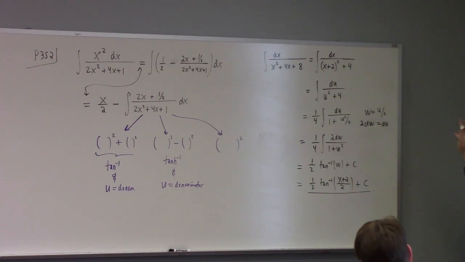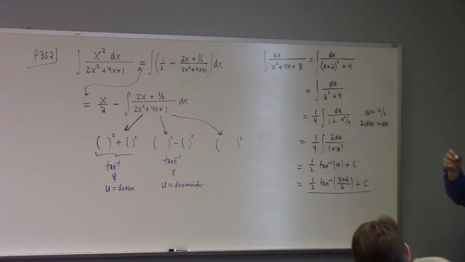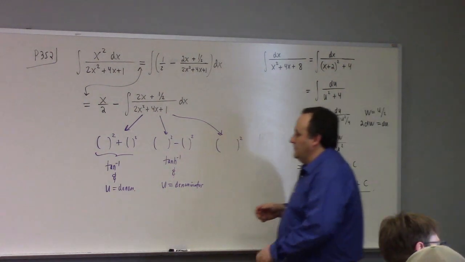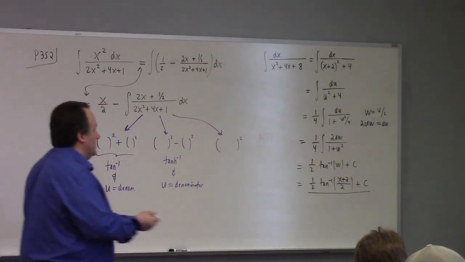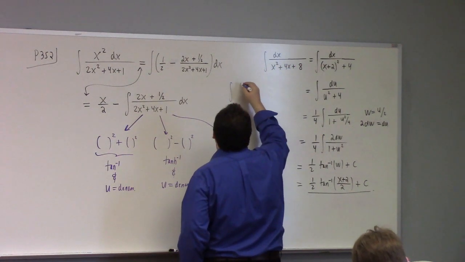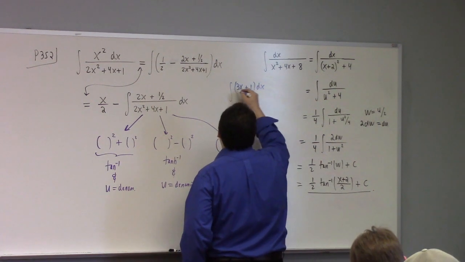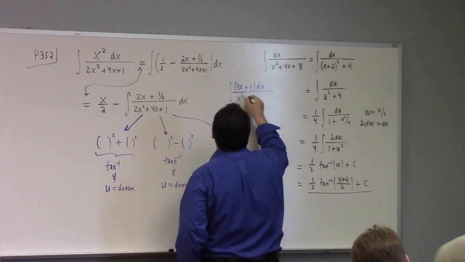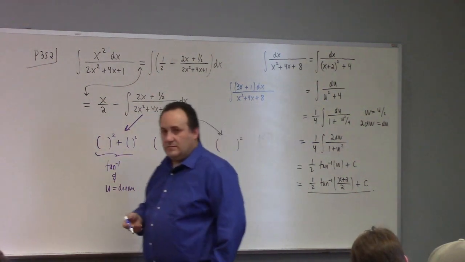But what if, instead of dx in the top, I had instead integral of, say, 3x plus 1 dx? How would I have dealt with that? Similar but different problem.